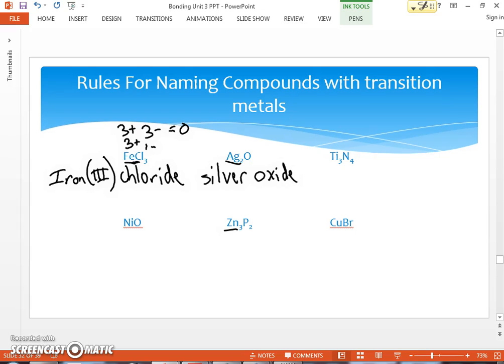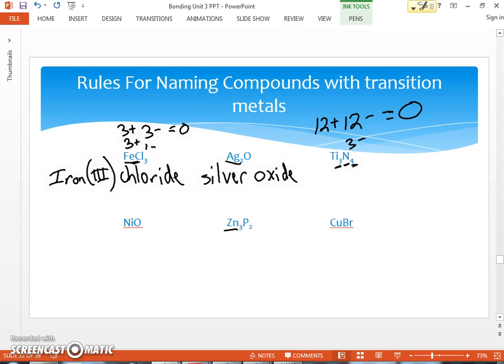The next one, titanium nitride. Well, it's a transition. It's not silver and it's not zinc, so it's going to have Roman numerals. I've got to figure out what they're going to be. So I go to my clues. Well, my only clue is nitrogen, and based off its position on the periodic table, I know nitrogen has a 3- charge. The only thing is I have 4 of them, so that's a 12- total charge. Again, I want my total charge to be 0. So that means my titanium has to be a 12 positive.